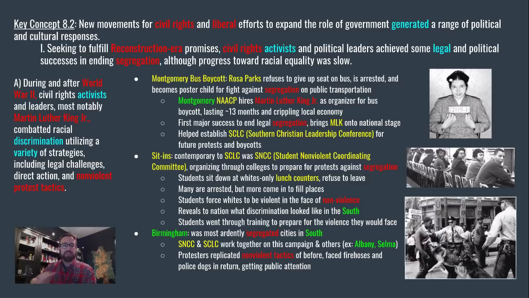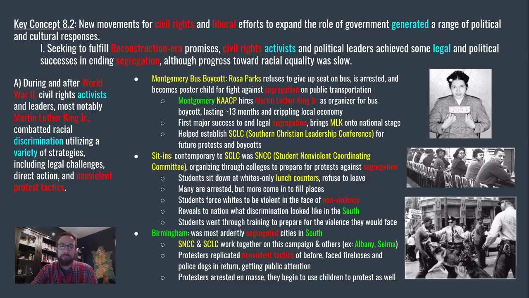Police dogs were sent to attack the protesters, and this was so extreme, it got on the news and got public attention, where the rest of the country started saying, wow, it's really coming to this, where nonviolent protesters are being attacked with dogs and fire hoses, hoses that can rip bark off of trees. It got public attention and eventually led to Birmingham agreeing to desegregate their public facilities.